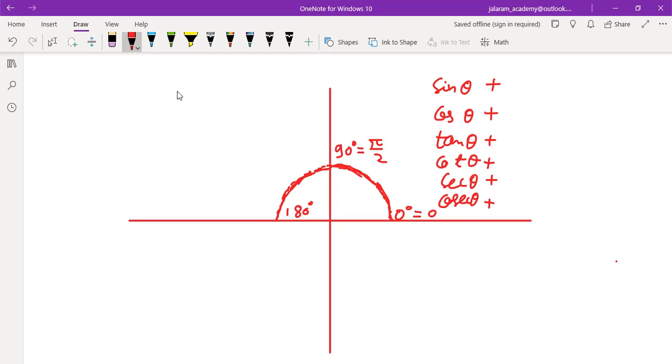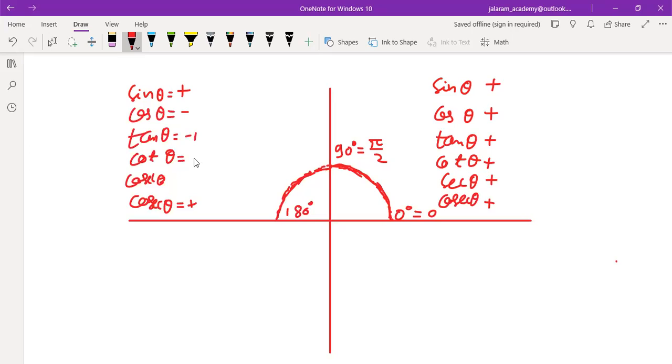Remember, in the second quadrant, the first ratio, sin theta, is positive and its reciprocal, cosec theta, is also positive, but the others, cos theta, tan theta, cot theta and sec theta, will be negative in the second quadrant.